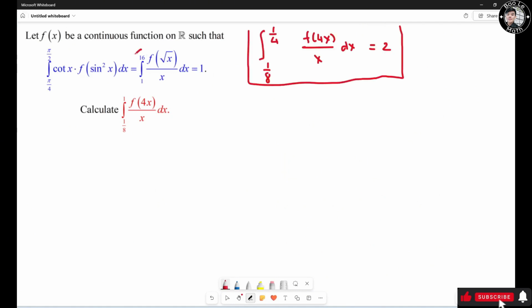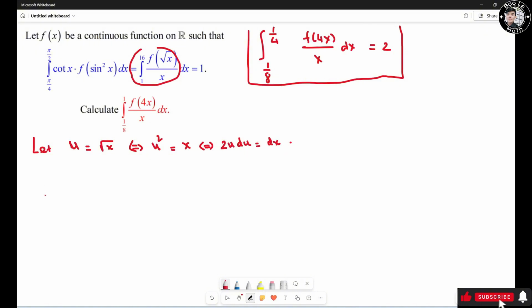Now I'm going to move on to the second one right here. I call this one I2. So I'm going to let u equals root s. Now I need to square both sides, so u squared equals s. And then I take the derivative of both sides, so 2u du equals ds.